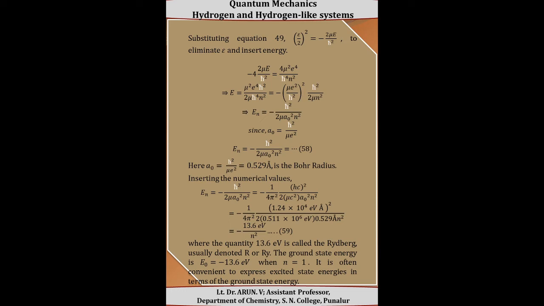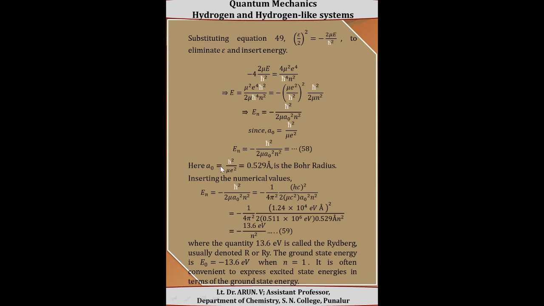From this equation, we can find the energy eigenvalue E_n, that is equal to −ħ²/(2μa0²n²), since we know that a0 is equal to ħ²/(μe²).